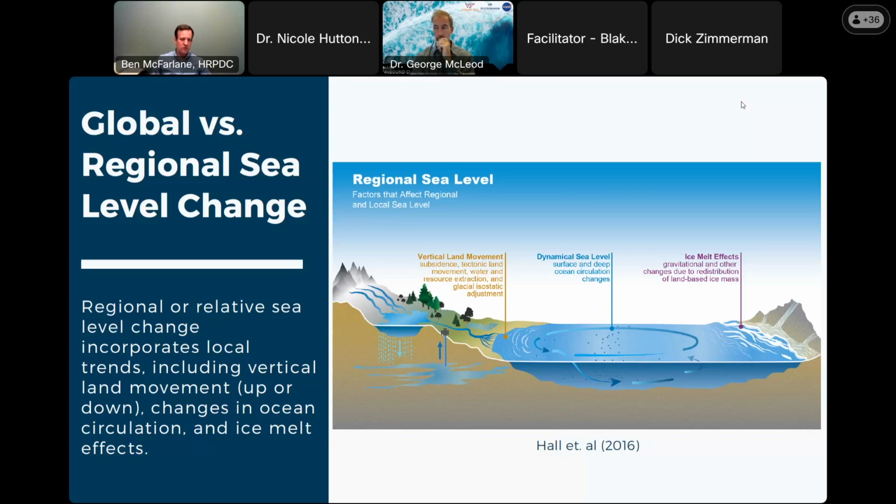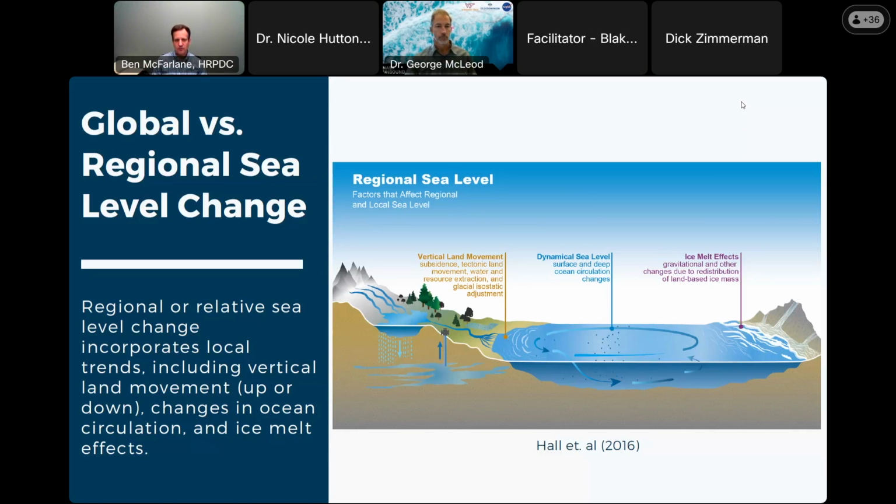We have issues with ocean circulation, changing patterns due to changing temperatures or changing salinity in different parts of the oceans, causing some pretty significant impacts here in Hampton Roads and other areas along the Mid-Atlantic, among other areas across the world. And then, one thing that we're very familiar with here in Hampton Roads is vertical land movement.